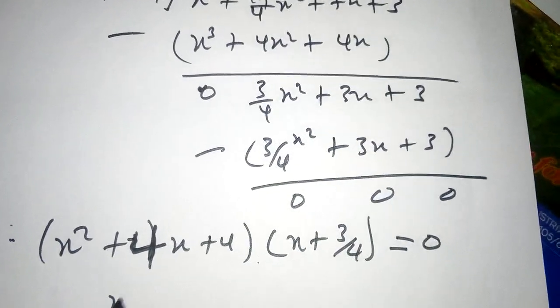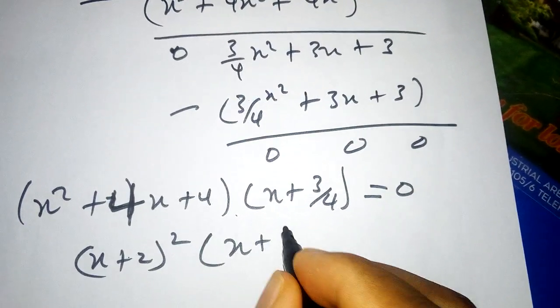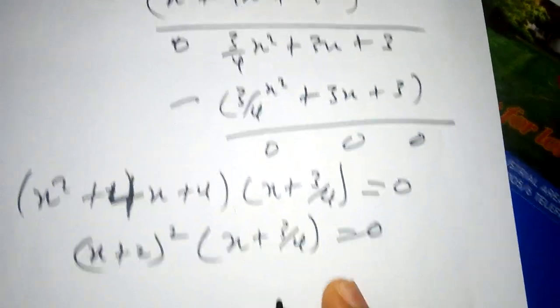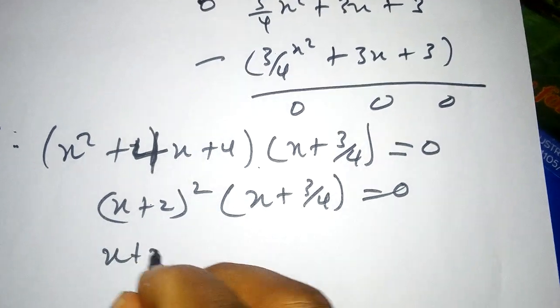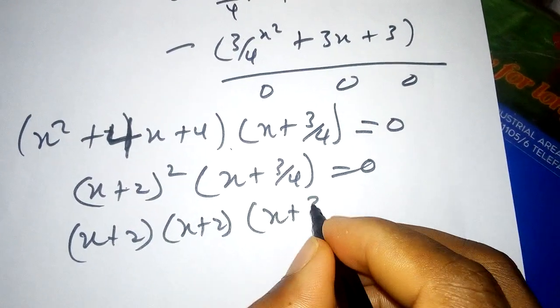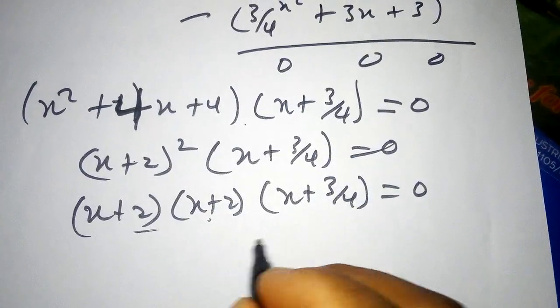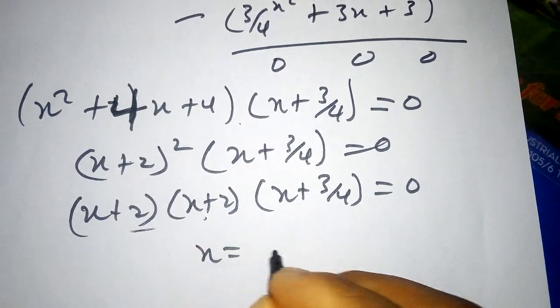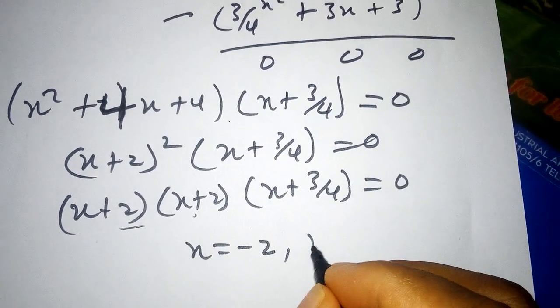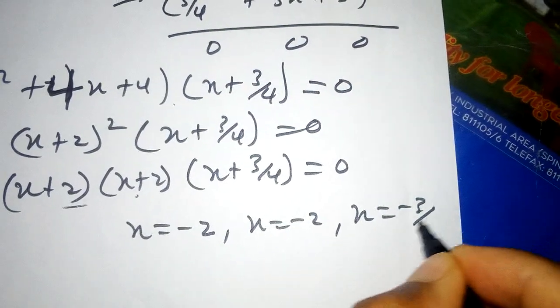But I know this one to be s plus 2 all squared, s plus 3 over 4 equal to 0. And when I simplify, we have s plus 2, s plus 2, s plus 3 over 4 equal to 0. So this and this will give me s equals negative 2, s equals negative 2. Then I'll get s equals minus 3 over 4.